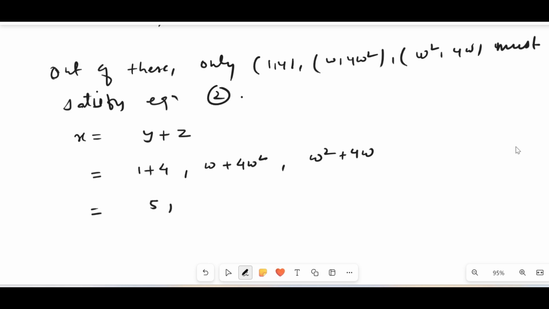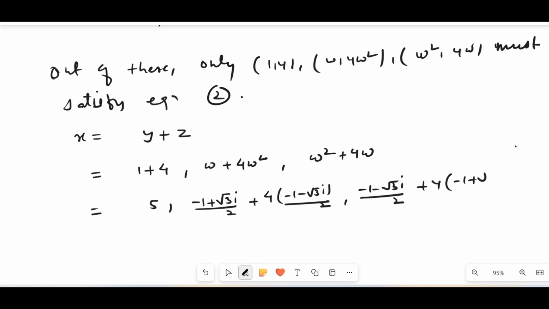It will give, that is 5, and omega, that is (negative 1 plus root 3 i) over 2, plus 4 times of (negative 1 minus root 3 i) over 2, plus 4 times of (negative 1 plus root 3 i) over 2.